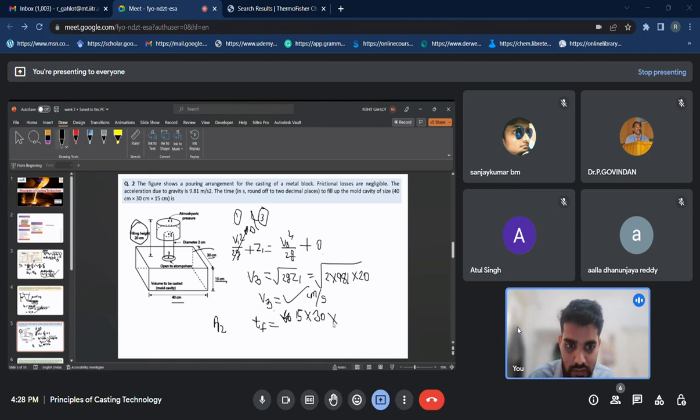I will get the filling time T as the volume of this mold, 15 times 30 times 40, divided by this V3 which I have calculated, multiplied by the area, where the diameter is given as 2 centimeter.